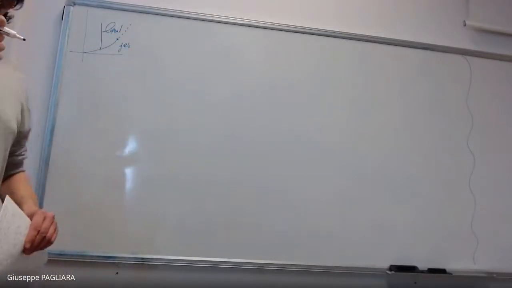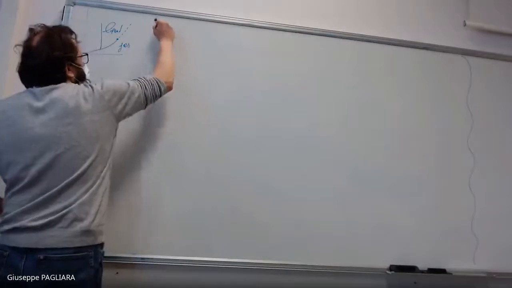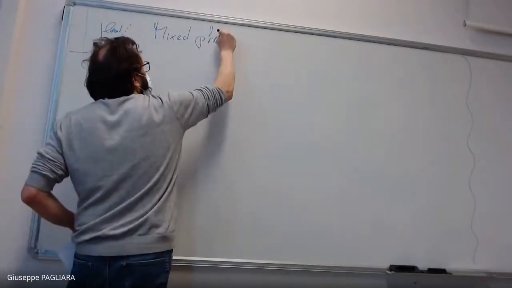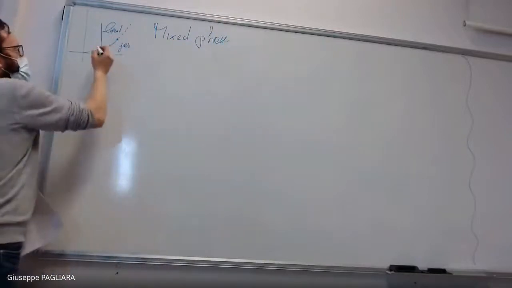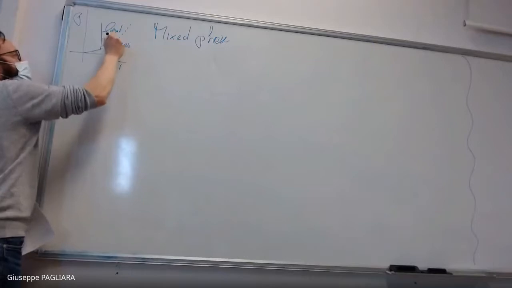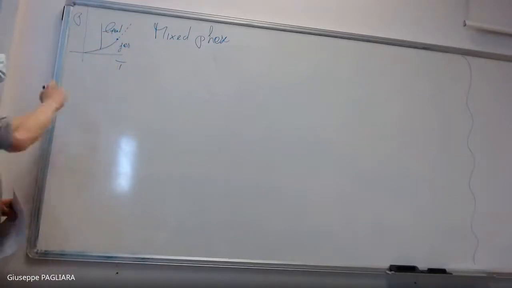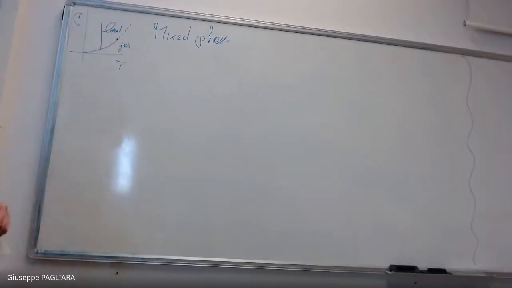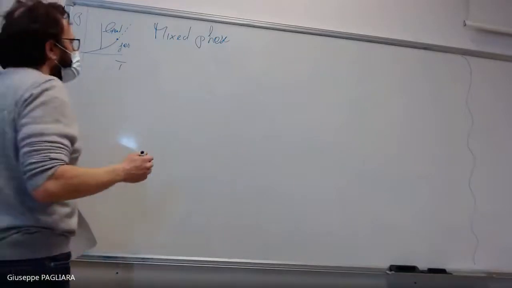Now let's talk about the mixed phase. The mixed phase is occurring along this line here. You can change the pressure and the temperature, with different equilibrium pressure of the two phases for each temperature, which is the vapor pressure.